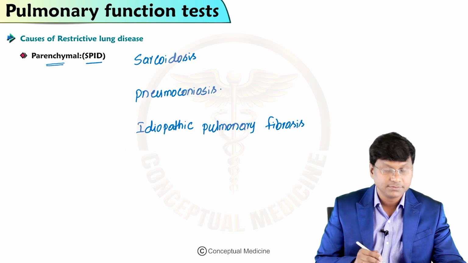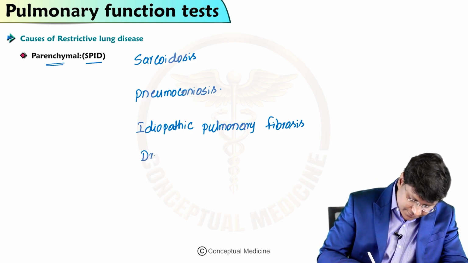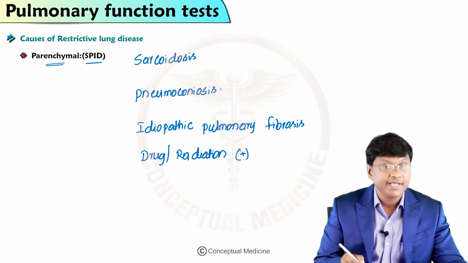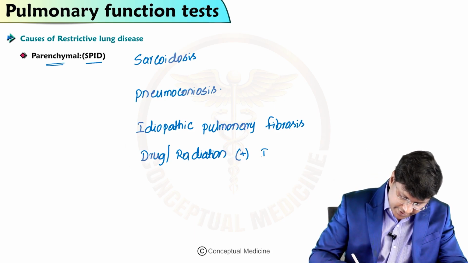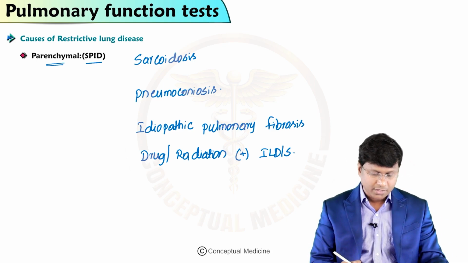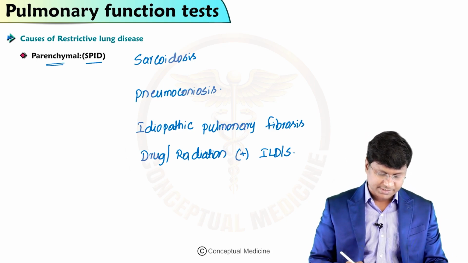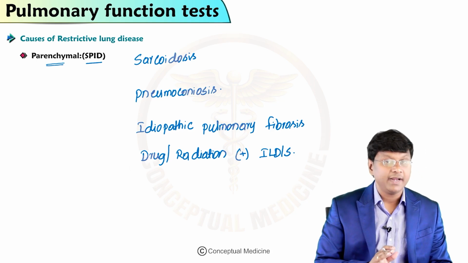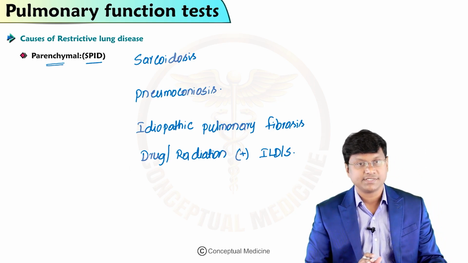D stands for drug induced or radiation induced interstitial lung diseases. Right, drug induced or radiation induced interstitial lung diseases. These are the parenchymal causes for restrictive lung diseases.